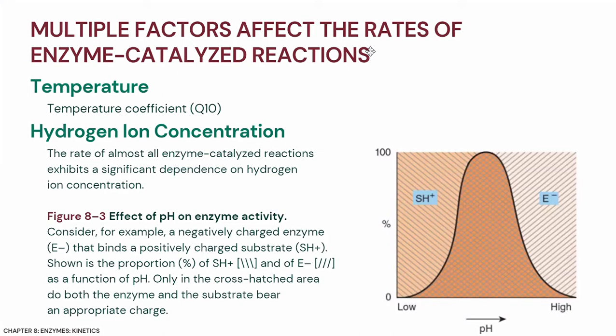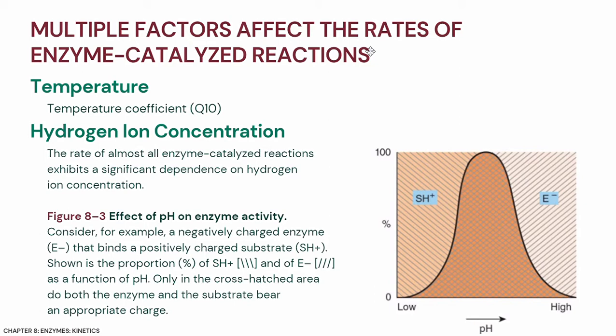Now, the pH as well. Our blood plasma is 7.4, but other areas of our body have different pHs. Like for example, the stomach has an acidic pH, while your intestines have a high, alkaline pH.